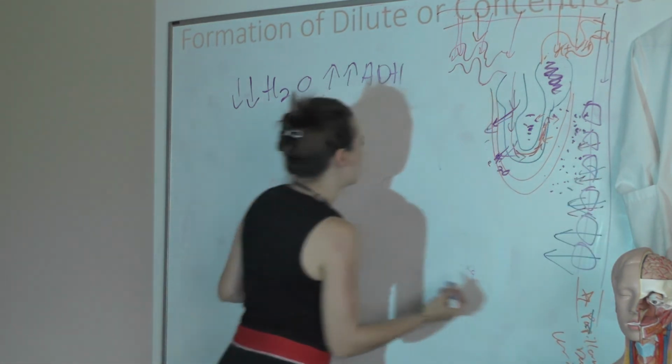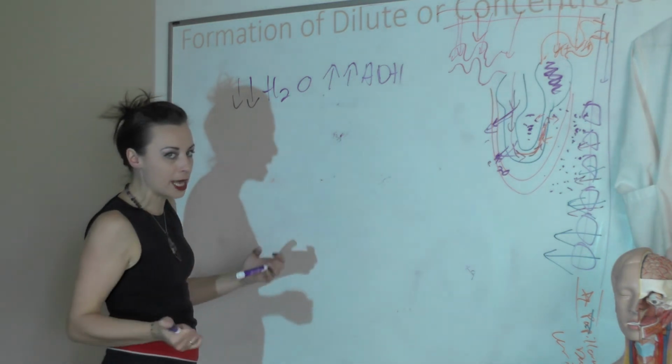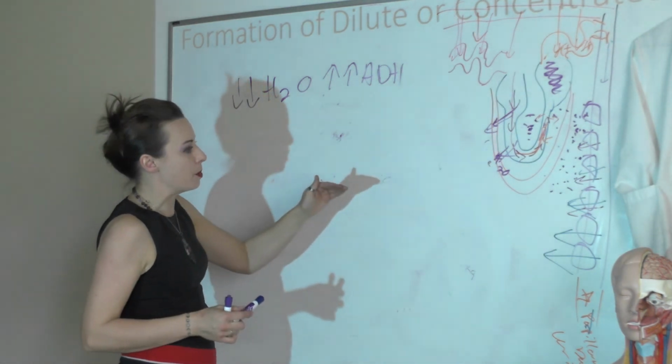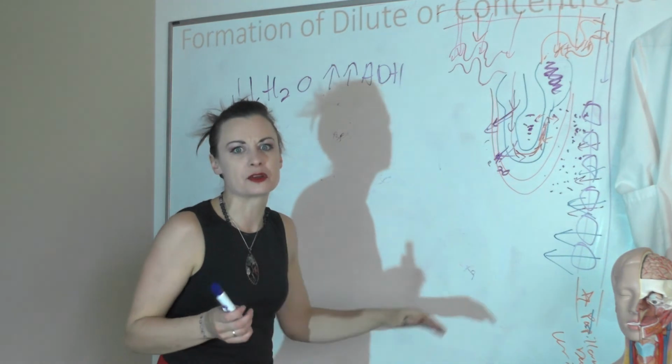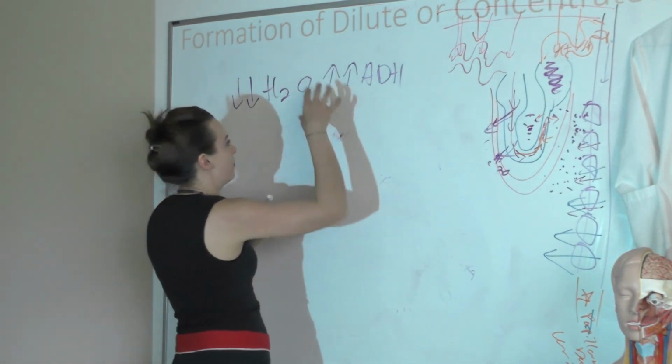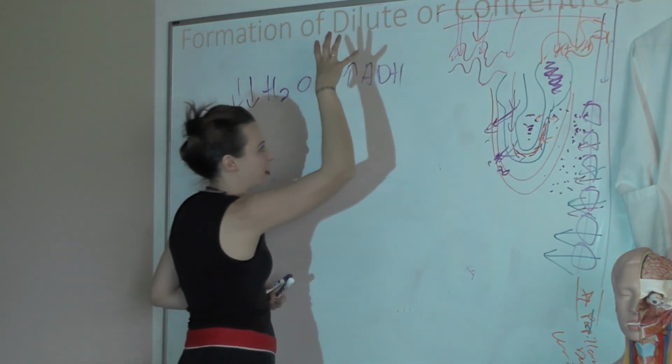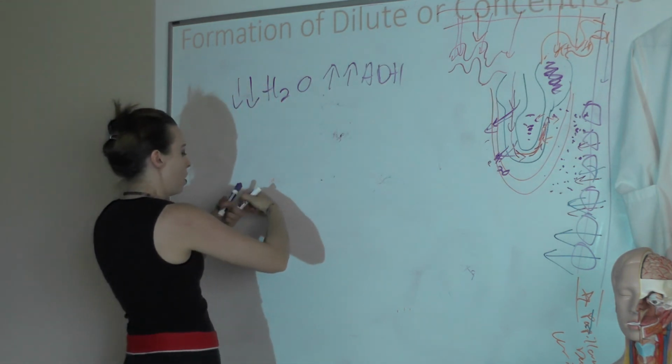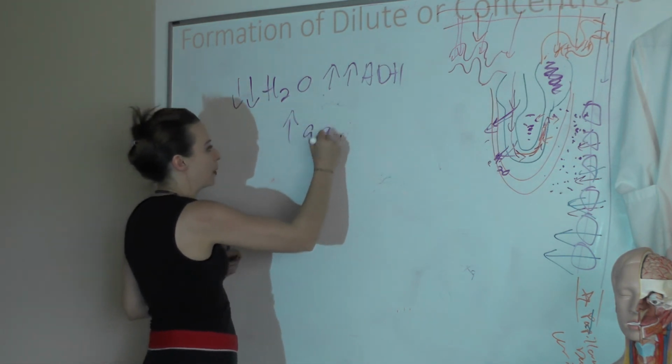And what I will release then, or excrete from the body, is a low volume of super concentrated urine. So if I have so little water that I've got so much antidiuretic hormone, what we would do is increase aquaporin number.